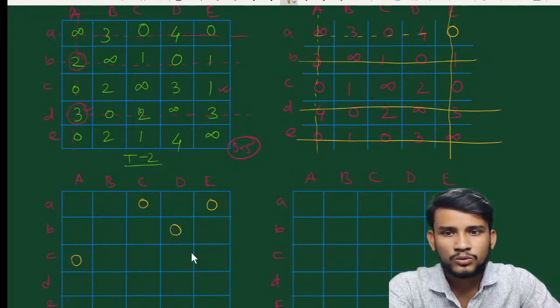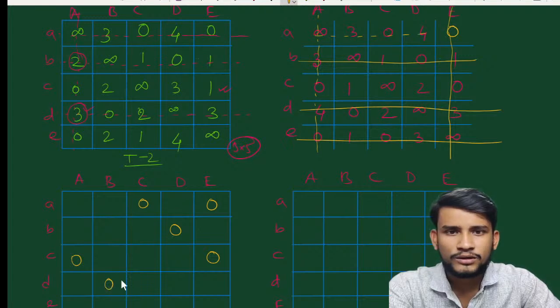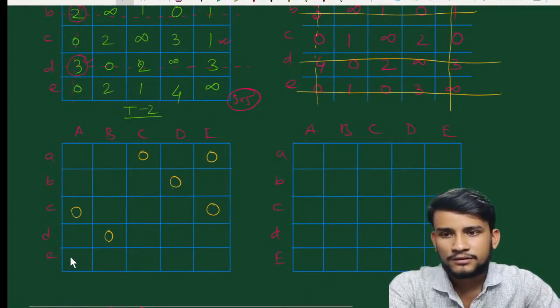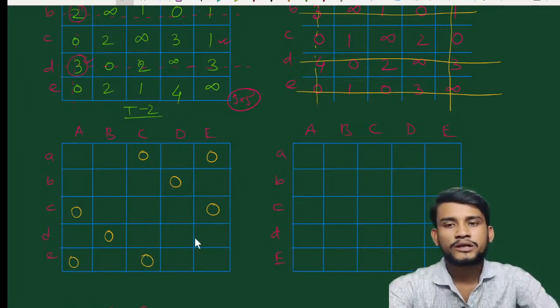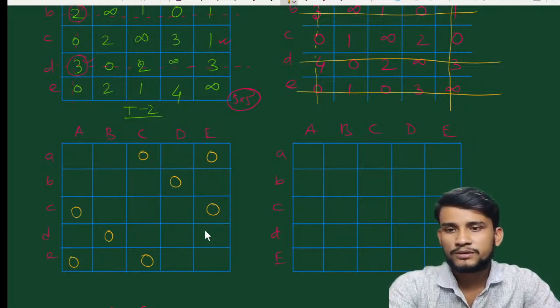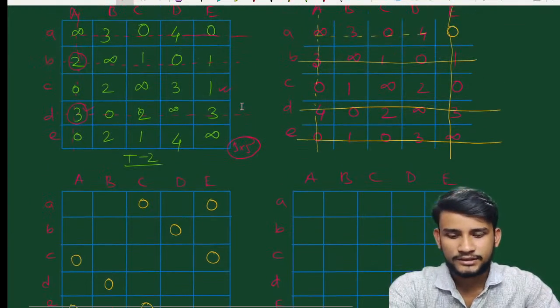So 0, the last one is 0, then in the D the second one is 0, and then in the E this 0 and this 0. Okay, so we get 1 2 3 4 5 6. Okay, I think this is correct.